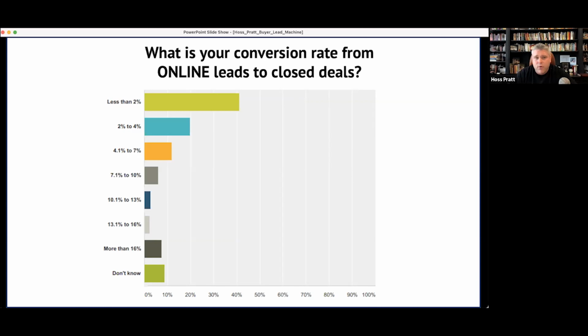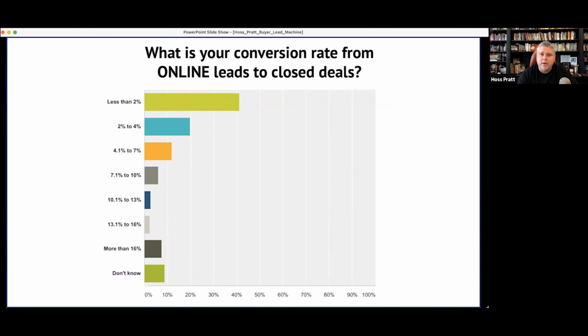Some people get 2 to 4, some of them get up to 7. Rarely do people get more than that though. So you want to set your expectations. That's why you need a system and a long-term nurture, because if we're paying for those leads and less than 2% convert, well, you do the math, right? We have to generate a lot of buyer leads, a lot of fluff, a lot of contacts.